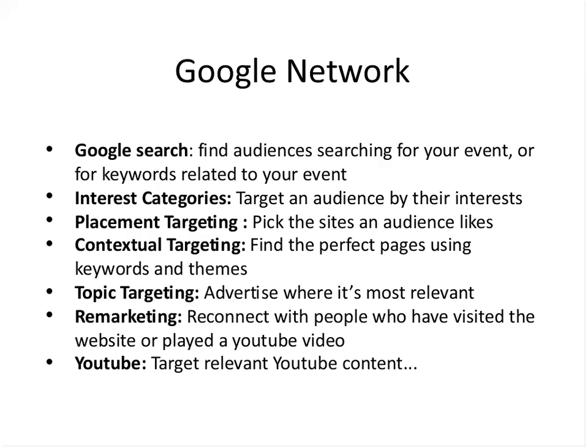It might be a blog about cricket. Let's place the ad there. Interest categories, on the other hand, could be your cricket ad could appear on a page on Ticketmaster, for example. So it's just that we know that you're interested in cricket. It doesn't matter what site you're actually on at the time.